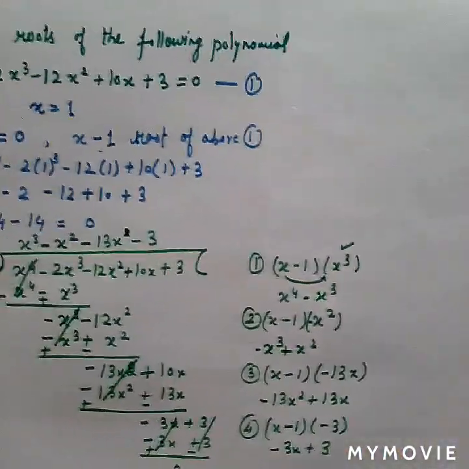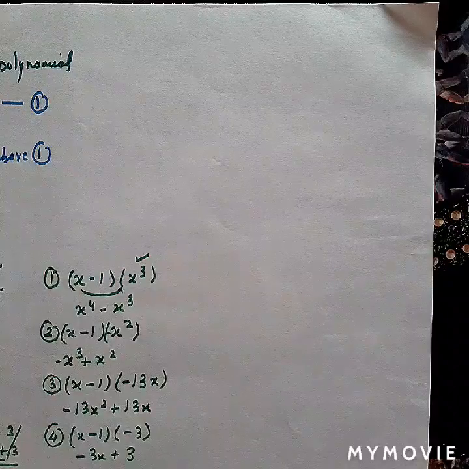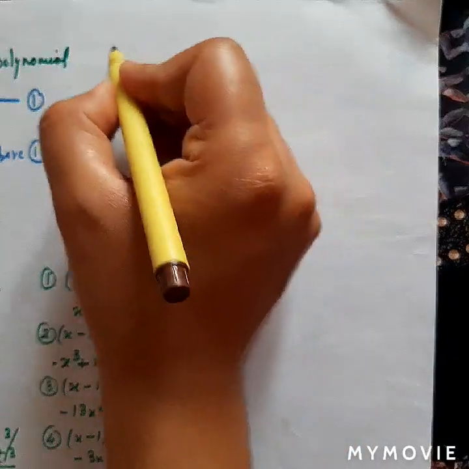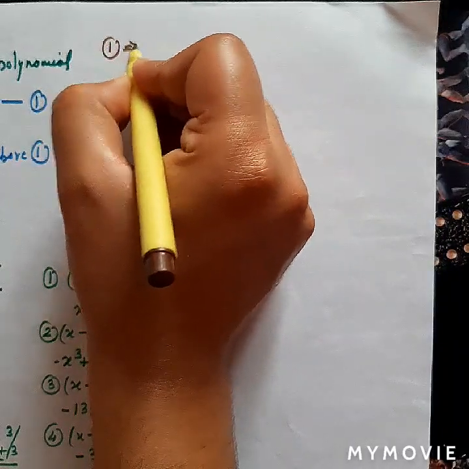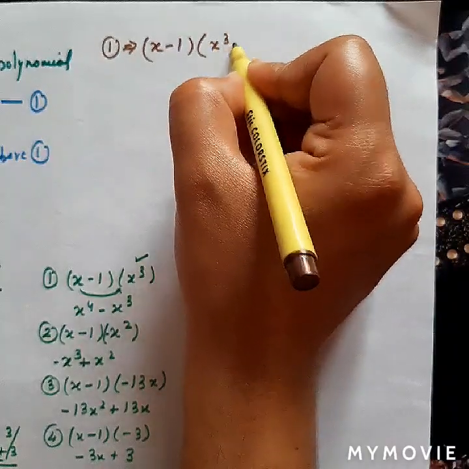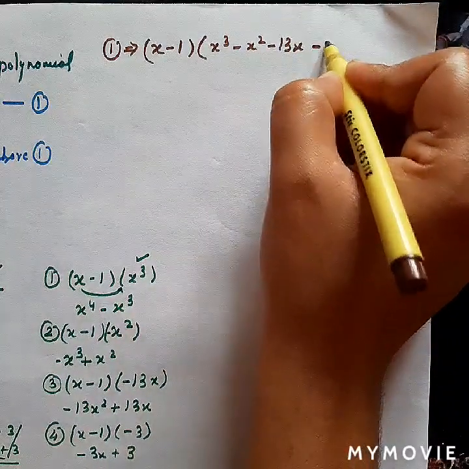So equation 1 can be written as x minus 1 multiplied by x cube minus x square minus 13x minus 3.